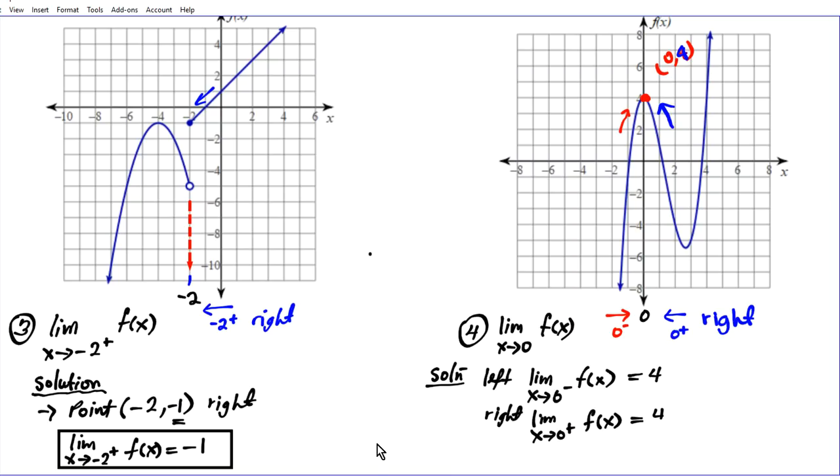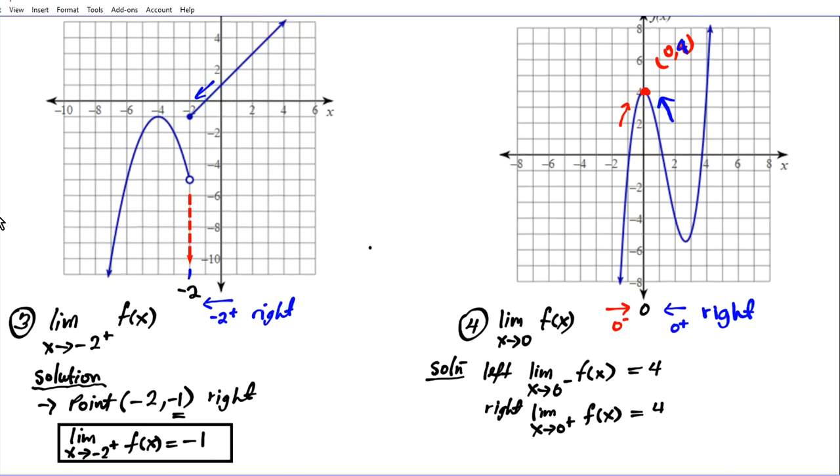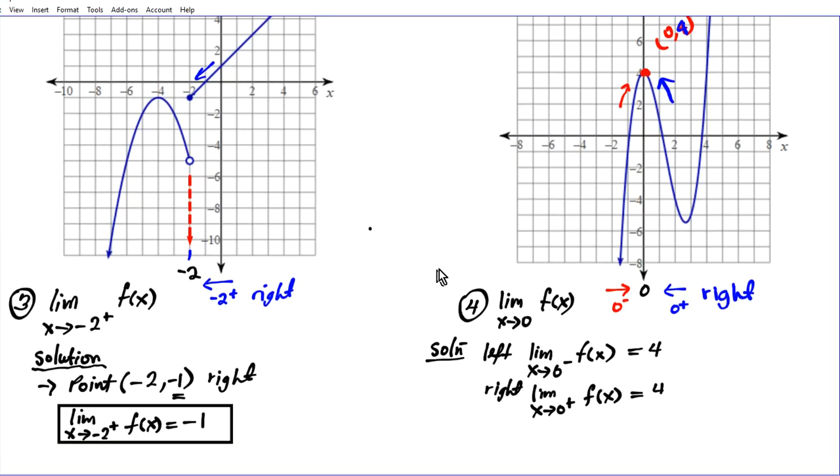Okay, so let's take a close look at this. Your left-hand limit and your right-hand limit are equal. What does that mean? It follows that the double-sided limit is going to be exactly equal to that. So the double-sided limit is the limit as x approaches 0. If there is no plus or minus sign direction on the number that x is approaching, then that means it's double-sided.